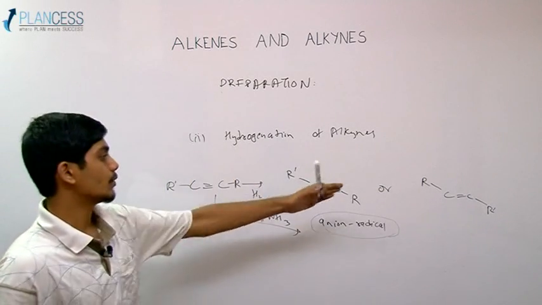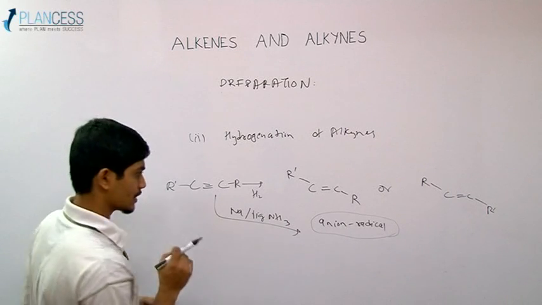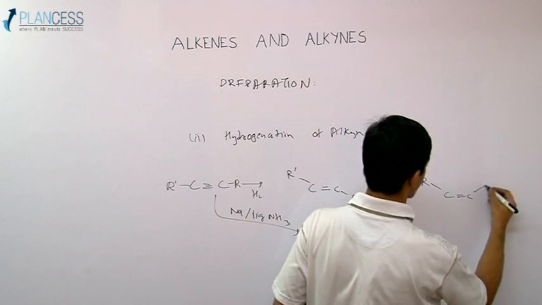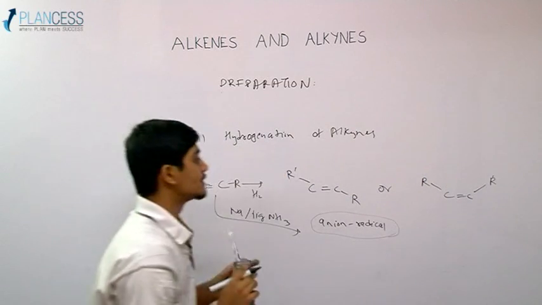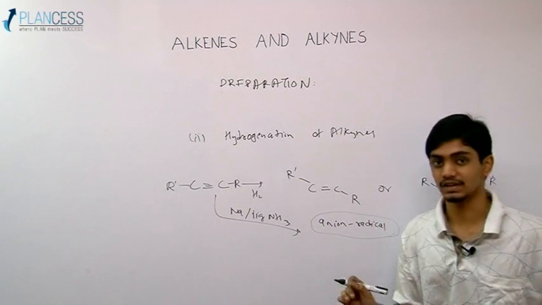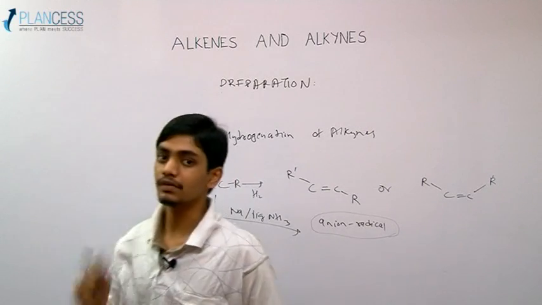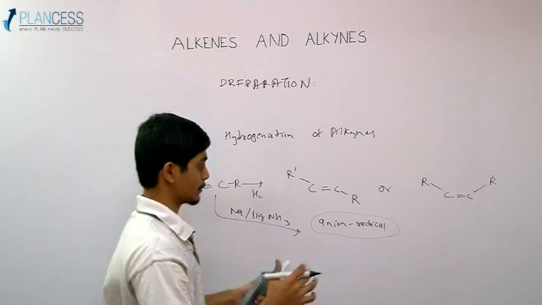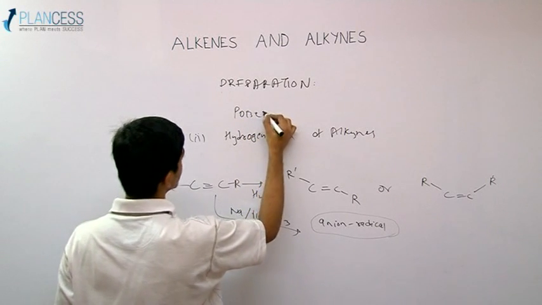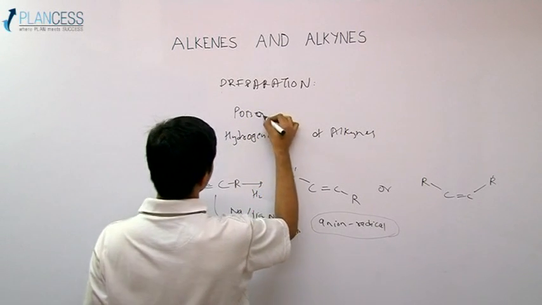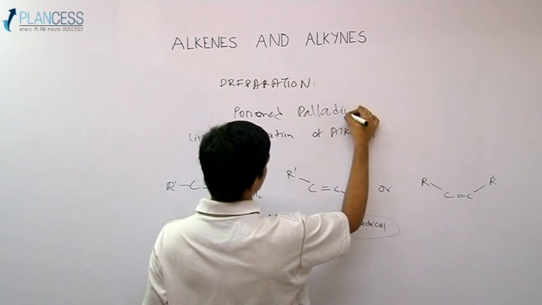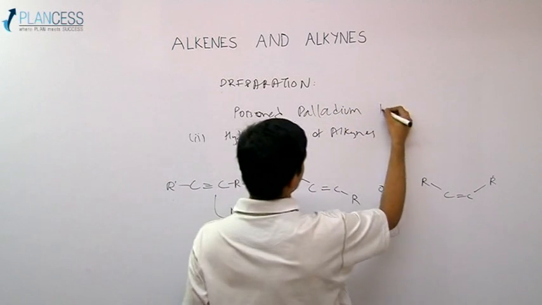Now, what about cis alkenes? What I have drawn here are trans alkenes. Now, cis alkenes, the same process does not give us cis alkenes. We have to apply a completely different process, and that has a very complicated name, that is poisoned palladium on charcoal.